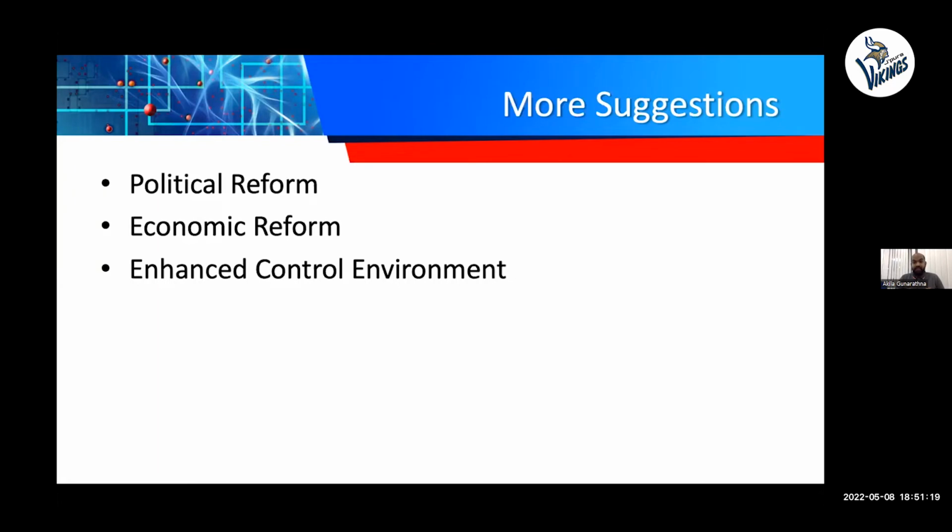You should check whether these projects are giving enough returns, and whether we are giving the contract to the best supplier with the required quality at the lowest cost. So you need to have all those controls and a better control environment. And if the IMF gets involved, they will definitely look into these aspects. So, some more suggestions.